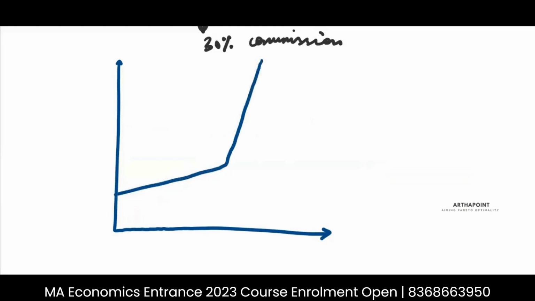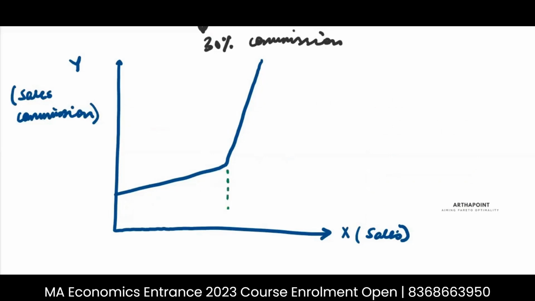I am taking my X here, X is sales, and I am taking Y here, Y is the sales commission. And now I am saying that if the sale is above this threshold X star, then the slope is different.